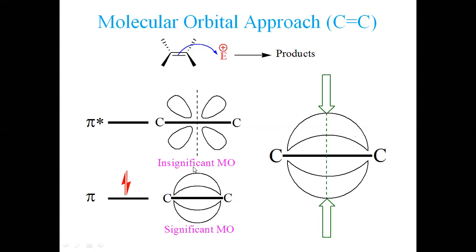It shows that electronic density is present maximum in between, here. So the electrophile shall not react with pi star, which has 0 electronic density at the center of the molecule, but with pi, where it has maximum electronic density.